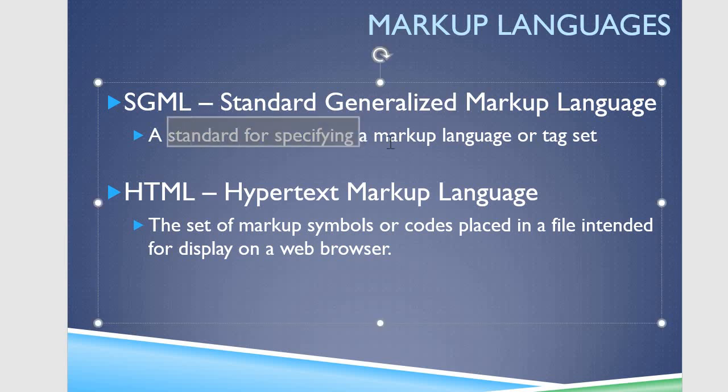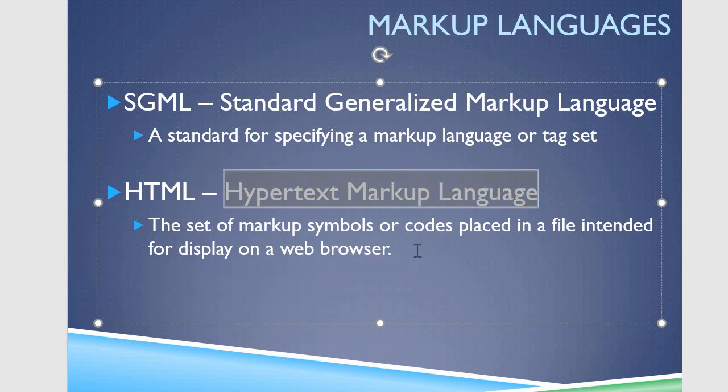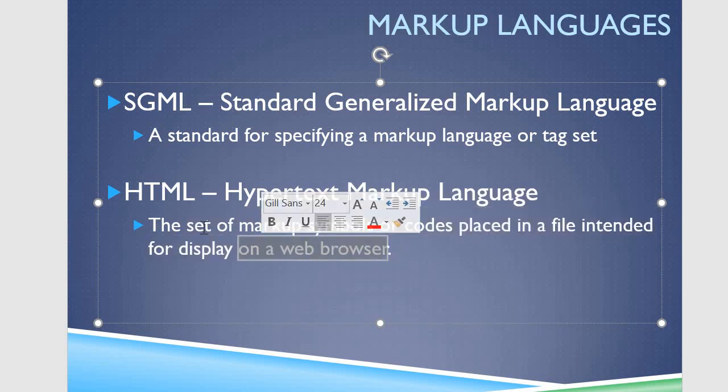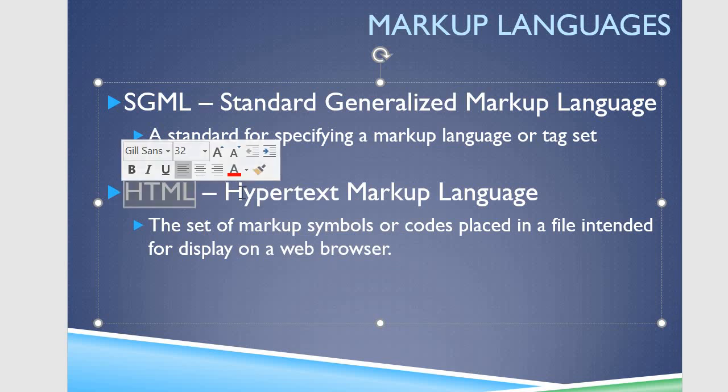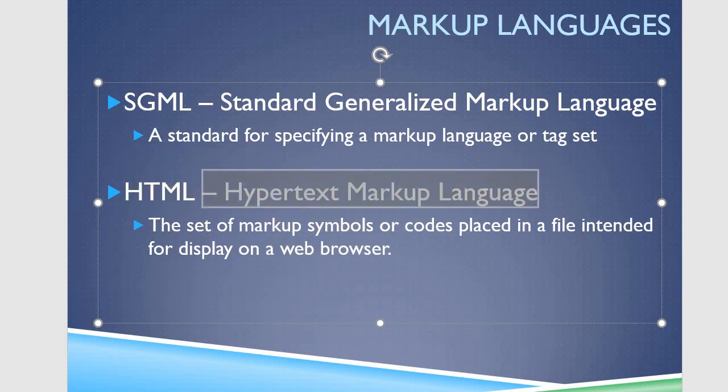A standard for specifying markup language or tag set, what is that? SGML. Then HTML, hypertext markup language: a set of markup symbols or codes placed in a file intended for display on a web browser.